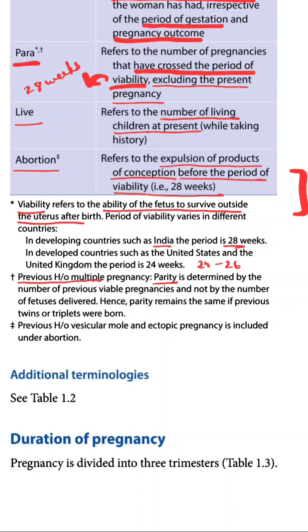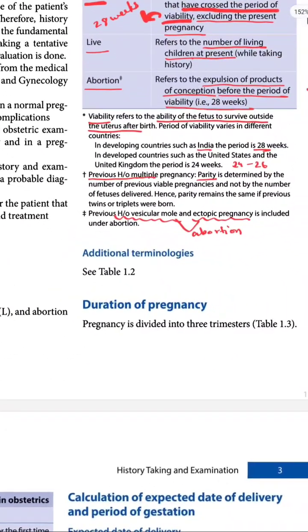You also need to ask for any previous history of vesicular mole, and ectopic pregnancy is also included under abortion. Both of them are included under abortion.